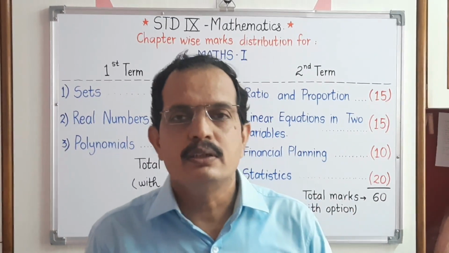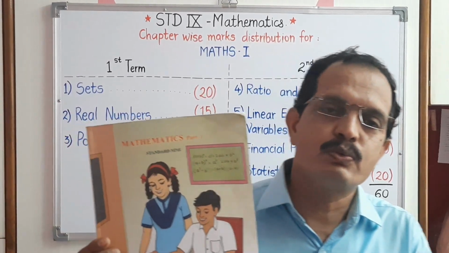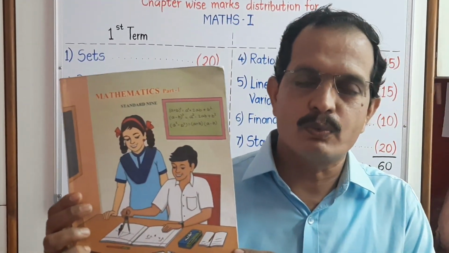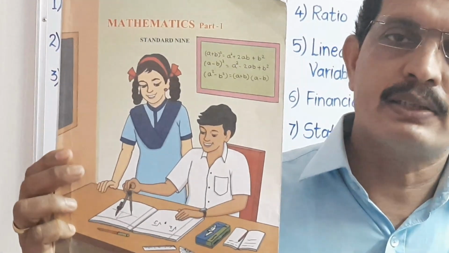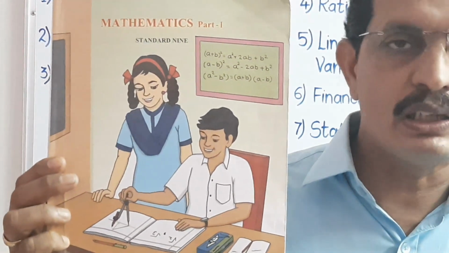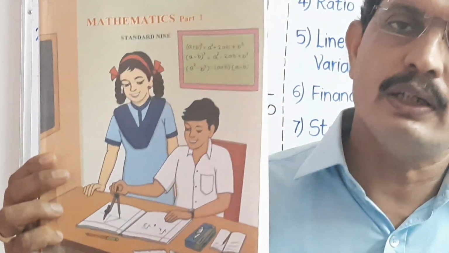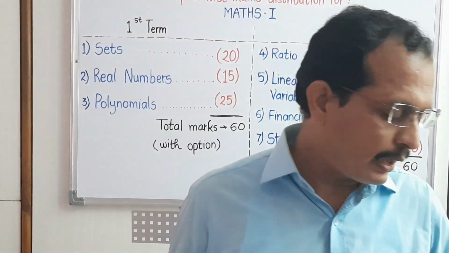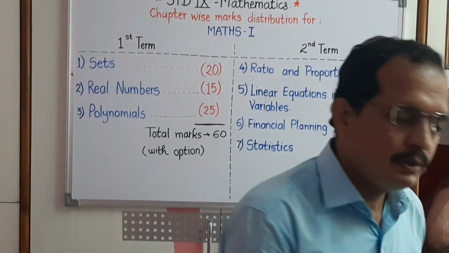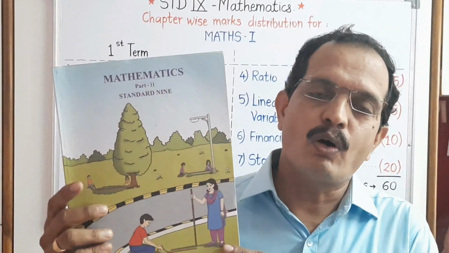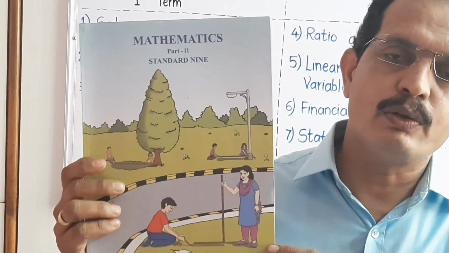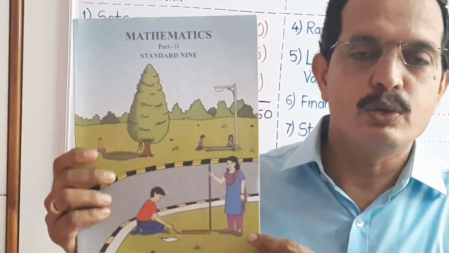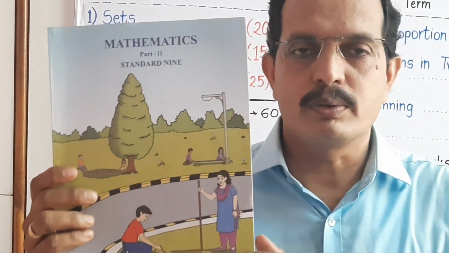Students, see, this book is used as Mathematics Part 1. The concepts related to algebra are included in this book, and this book is Mathematics Part 2, and the concepts related to geometry are included in this book.